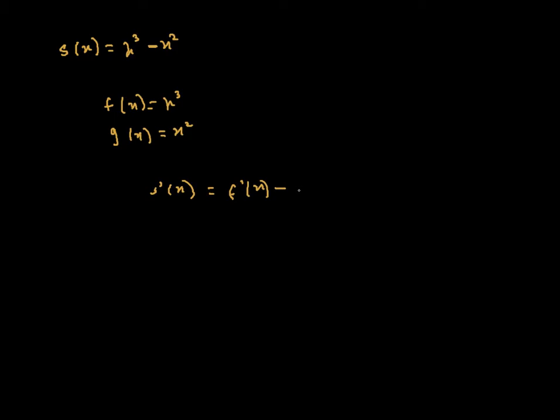So minus g dash of x, minus the derivative of the rest. So in this case, s dash of x will be the derivative of f of x, which is 3x squared, as we discussed earlier, minus 2x. So this is the answer.